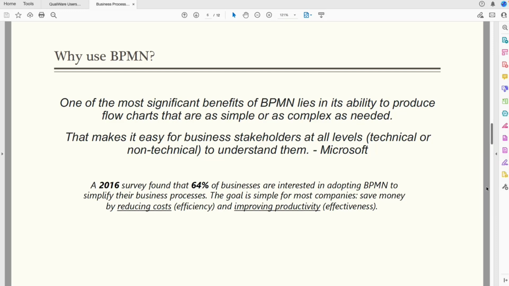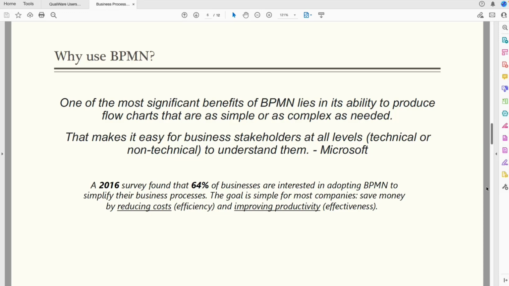No, we want to reach in and grab the right tool or object when we need that object for its behavior, how it adds content to the process diagram, because we're describing a specific behavior at a specific point in the process. That makes it easy for business stakeholders at all levels, technical or non-technical, once they understand the notation, to understand the process map that you've created.